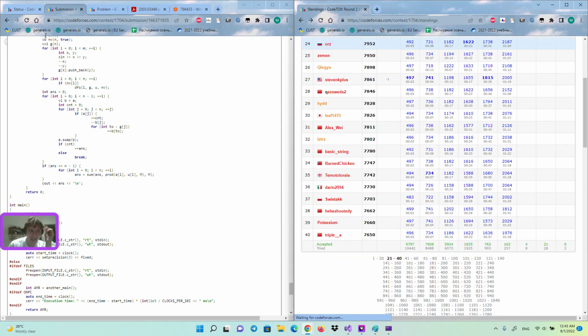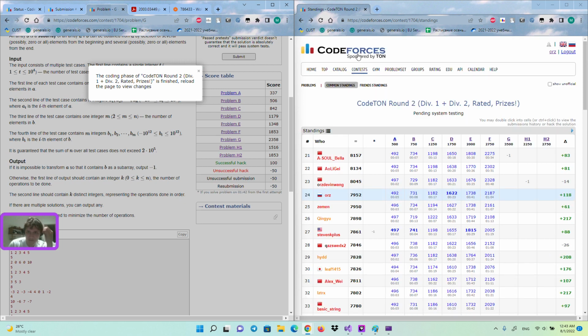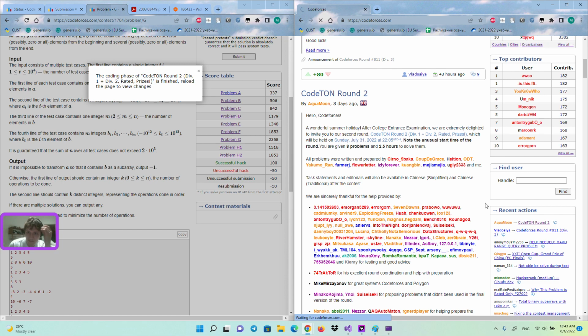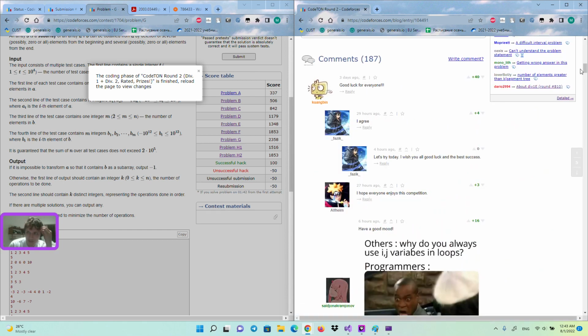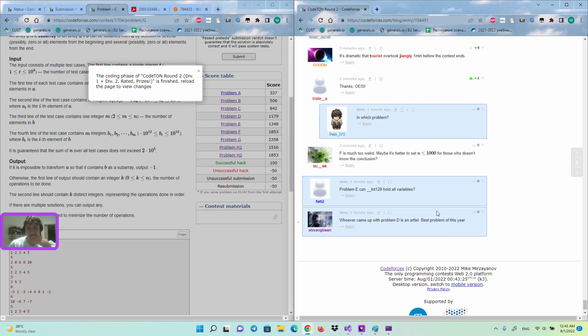So I saw some ideas in F, but we have already solved F. So it's OEs, yes. But still, how can we solve G and H? I didn't use int 128.